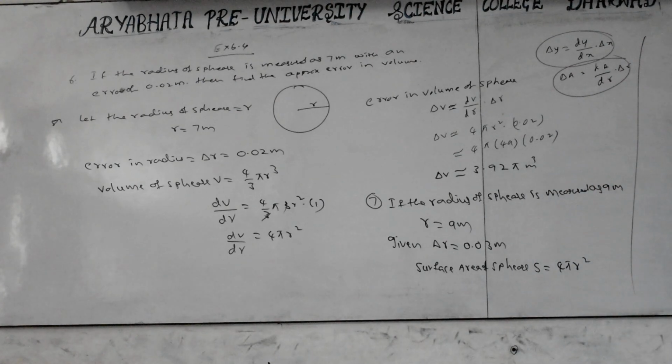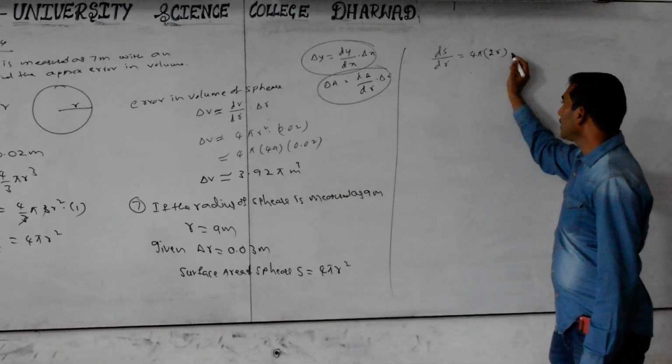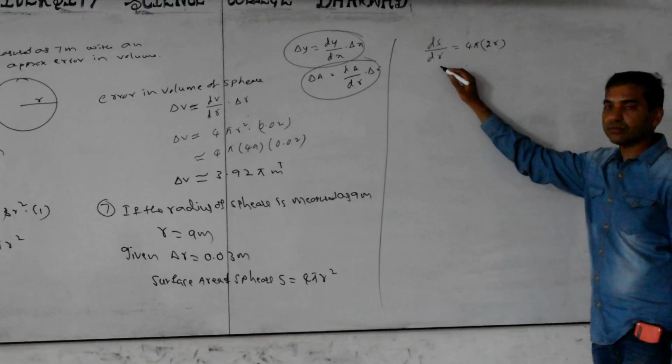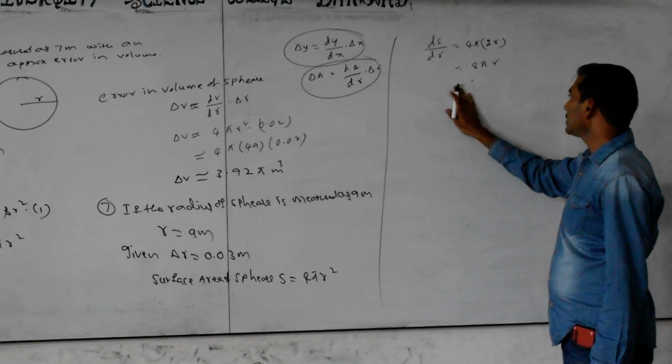So let's find the differentiation with respect to radius, dS by dr. Here r is the variable, dS by dr equal to 4 pi, r square differentiation is 2r into, r differentiation with respect to r is 1, which is equal to 8 pi r. This is dS by dr.